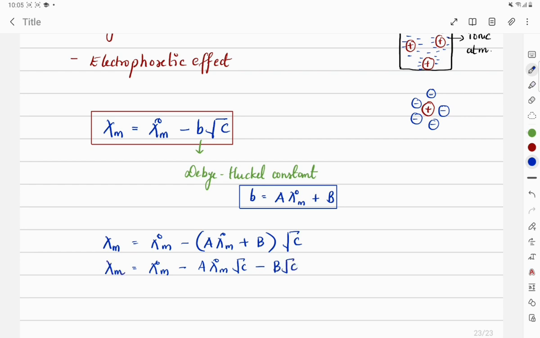So from this we have already got the Debye-Huckel constant B. Now B is actually dependent on the stoichiometry of salt. So B depends on stoichiometry of salt.